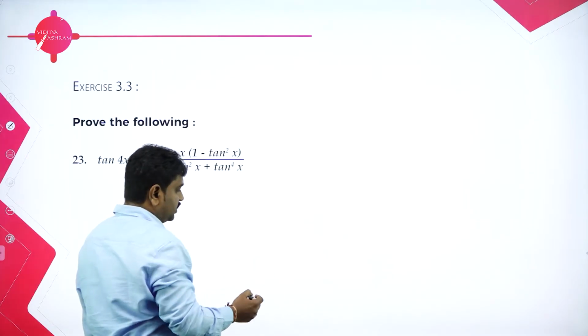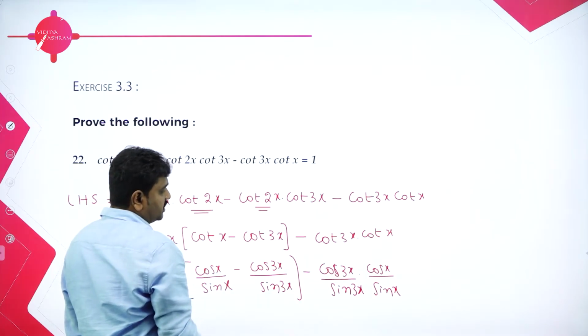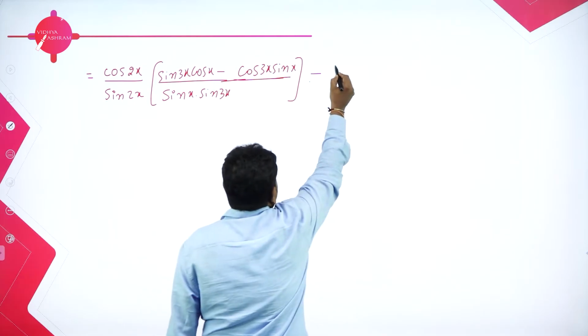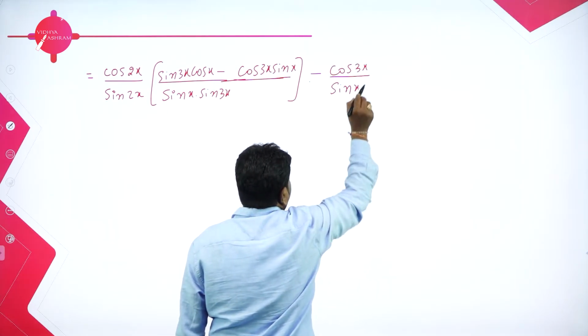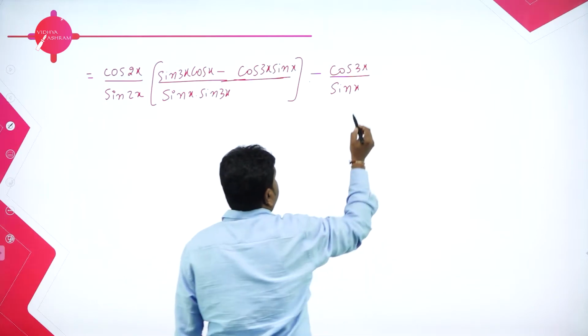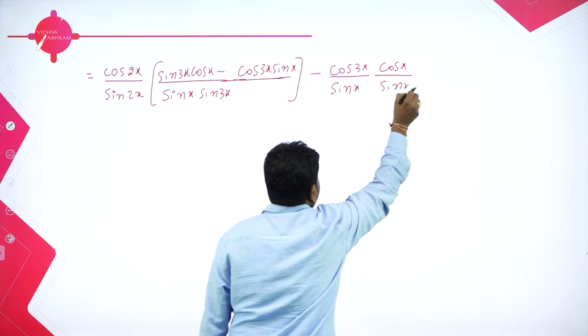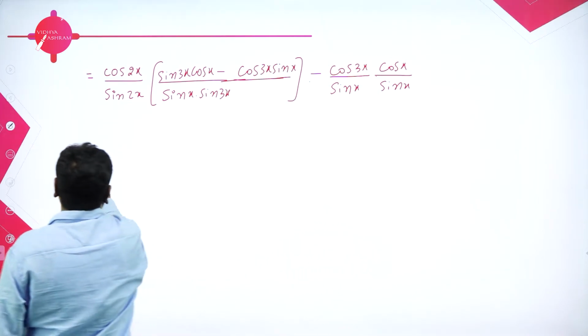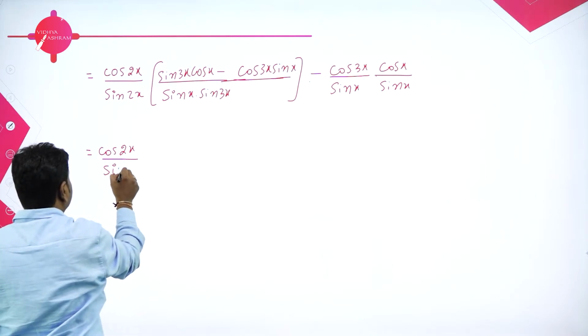The other term is minus cos 3x by sin 3x into cos x by sin x. Whatever is there, we wrote as it is. Now you can convert this. Outside we have cos 2x divided by sin 2x.